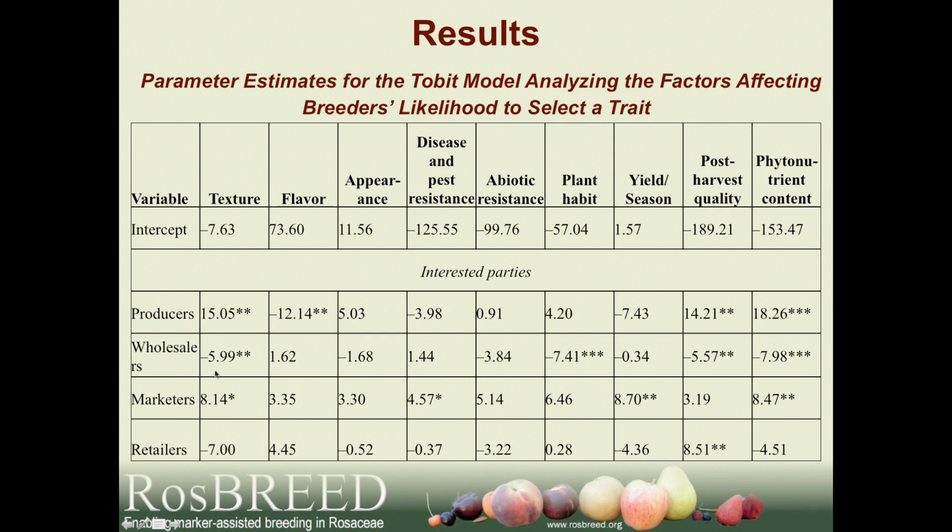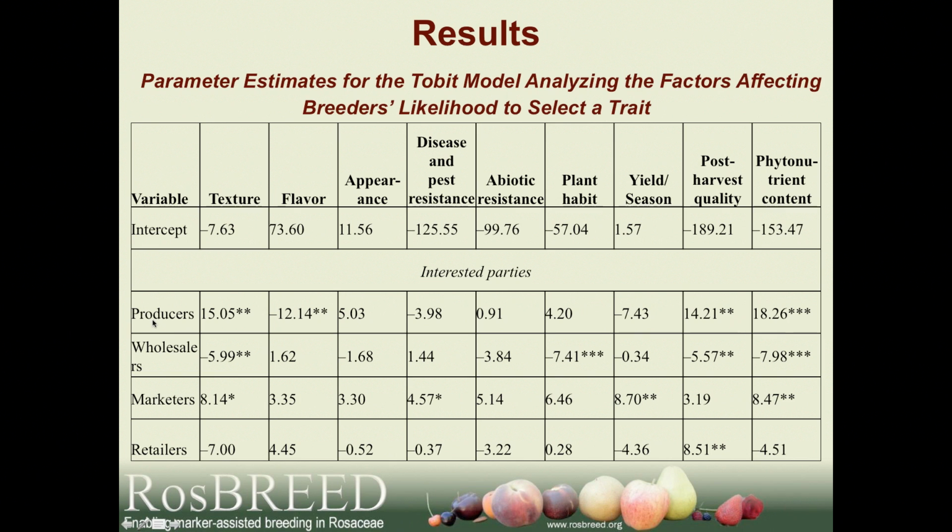The signs of the output have meanings. If it's a positive sign, that means this variable positively influences the breeder's likelihood to select the traits. If it's negative, that means this variable negatively influences the breeder's likelihood to select this trait.